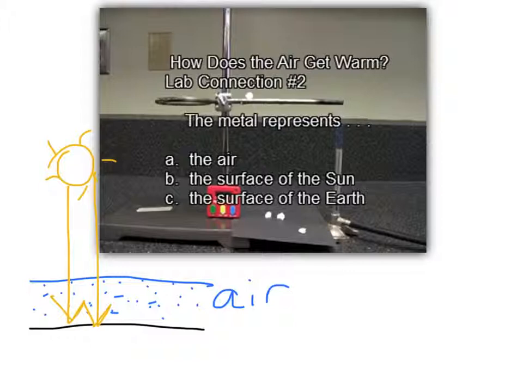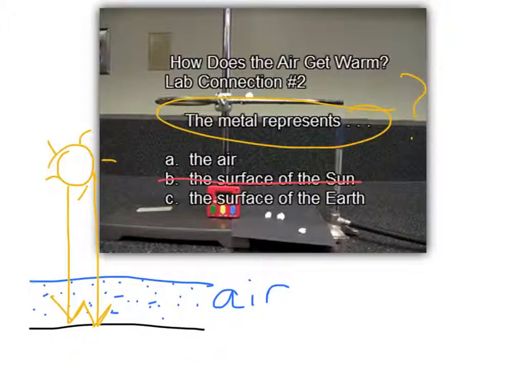Now that we've identified that the flame of the Bunsen burner is representing sunlight from the sun, what would the metal represent? Remember, the Bunsen burner flame is heating the metal. Although the sun from its interior does heat the surface of the sun, that is not the correct answer for this context.